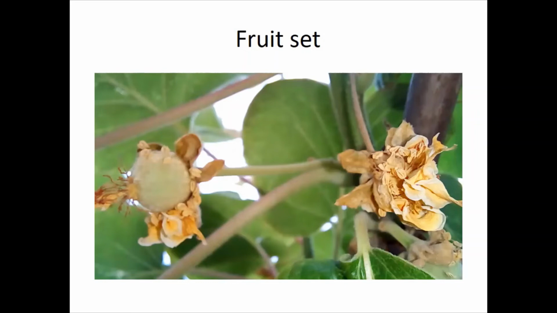But sometimes, maybe because of shortage of boron or very high temperature, this process is disturbed. Then you'll end up with a flower that is drying out. It won't form a fruit. And then this one on my left-hand side, you can see that pollination has been successful. So the fruits, they don't upsize, they don't fall down. If a female flower is pollinated, it will form a fruit. Even if it was not well pollinated, it will form a fruit, but it will not grow.